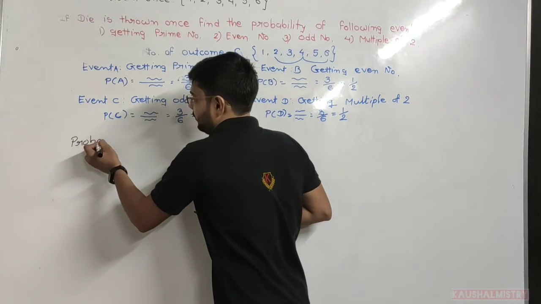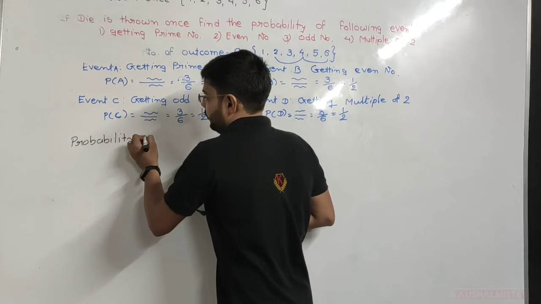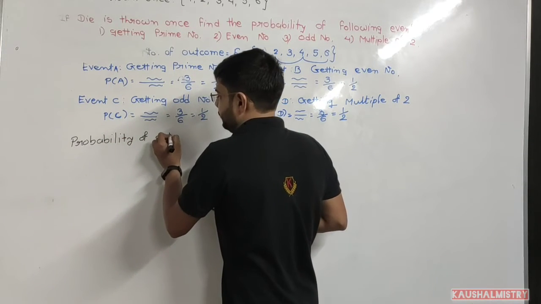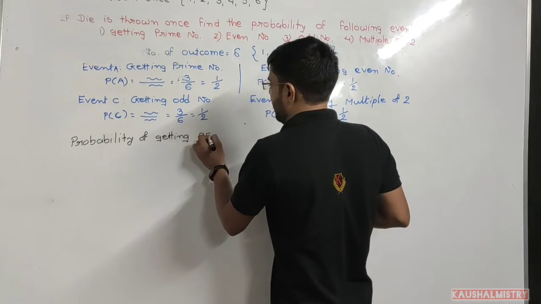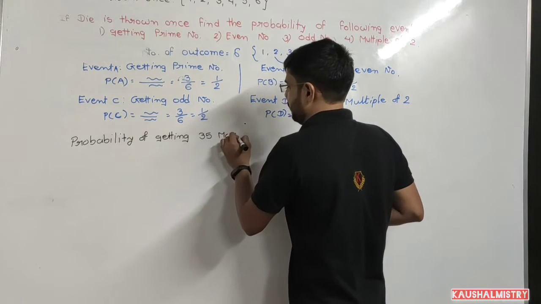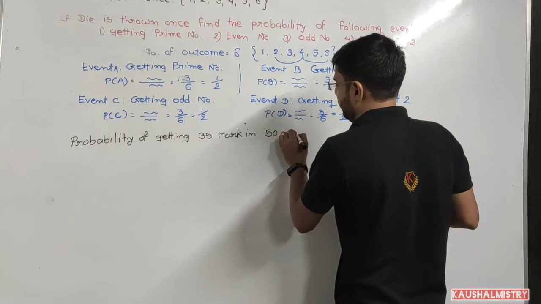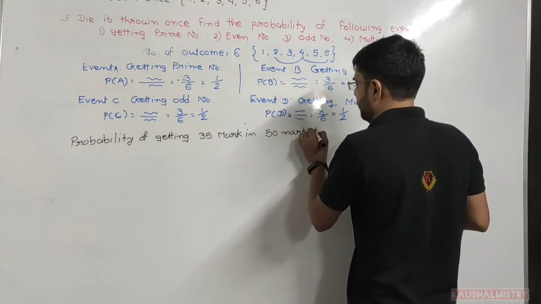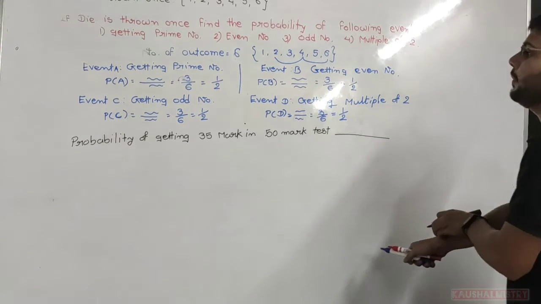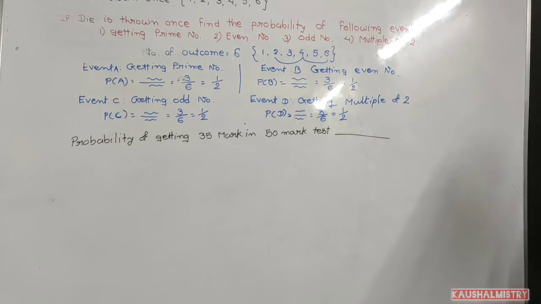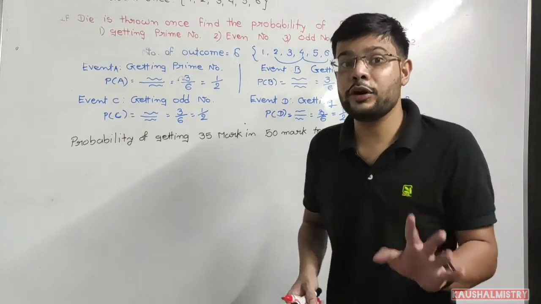Probability of getting 35 marks in a 50 mark test. Probability of getting 35 marks in a 50 mark test, right? This will be a very important question.